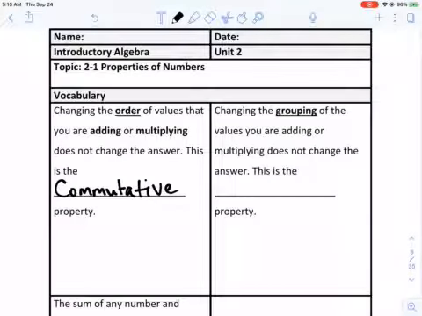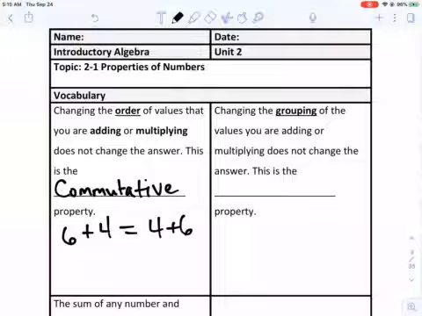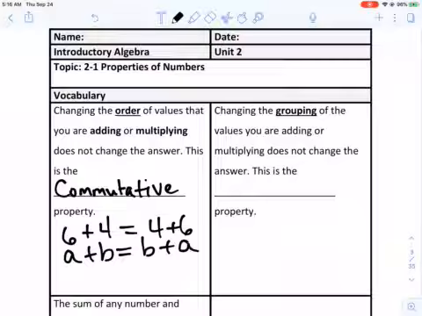Here's an example. 6 plus 4 equals 4 plus 6. Another example is A plus B equals B plus A. Now I can use this for either adding or multiplying.